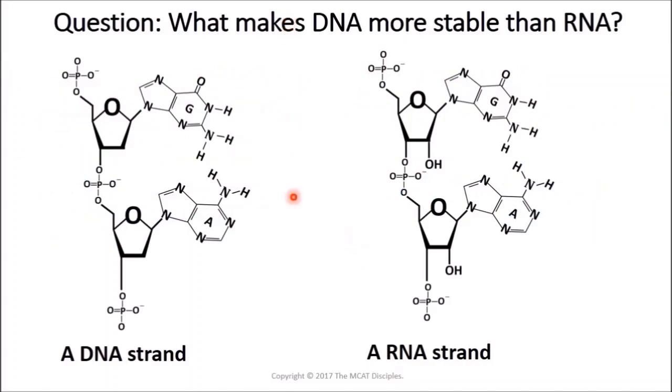What makes DNA more stable than RNA? What would happen here is this OH here can do a nucleophilic attack onto this phosphate and cause this guy to leave. It'll probably pick up a proton somewhere, so let's put a little H here. And then you would break up the strand.